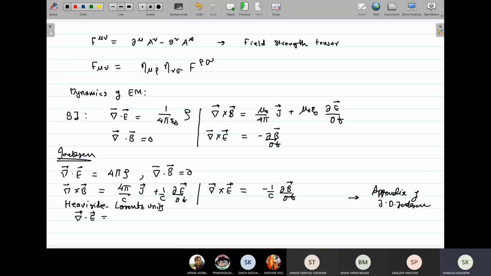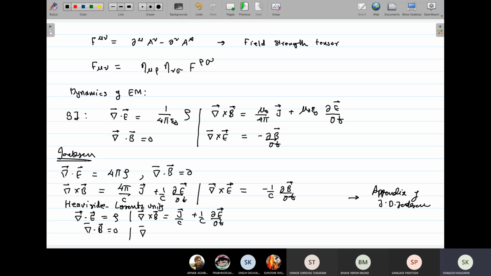So del dot E equal to rho. Del cross B equal to 1 over C J plus 1 over C del E by del T. Del dot B equal to 0, it is always 0.